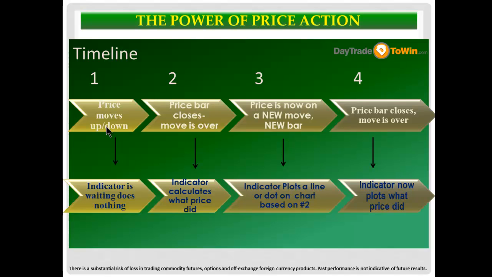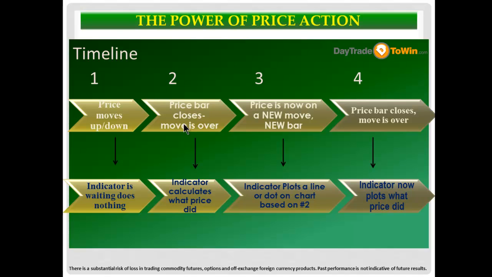You do nothing because you're waiting for that indicator to plot. Then over here in number 2, finally that 5 minute or 30 minute or 10 minute candle closes, right? The bar closes, and only when it closes, the indicator then makes its calculation on what price just did.